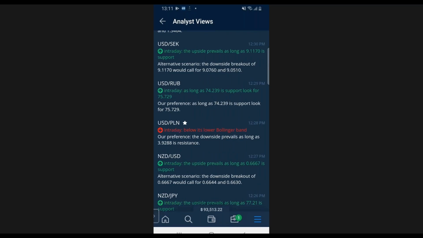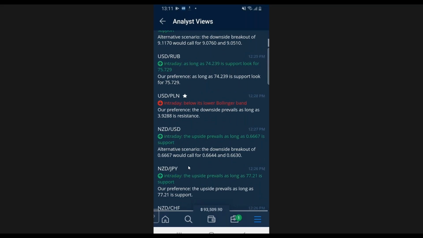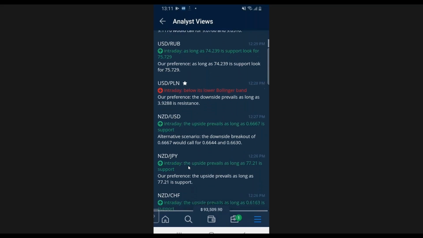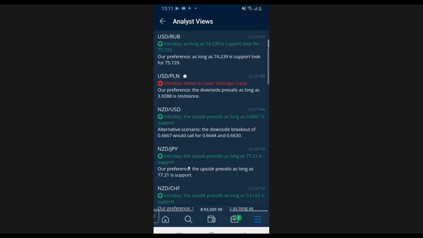Okay, so we see a signal that says NZD USD up, maybe. Fear is not high today, so the USD maybe is not strengthening or weakening rapidly, but we've got some inclination that maybe the USD would give up ground to the New Zealand with this signal. Or we look at New Zealand JPY and we see that it's expected to rise against the yen as well.